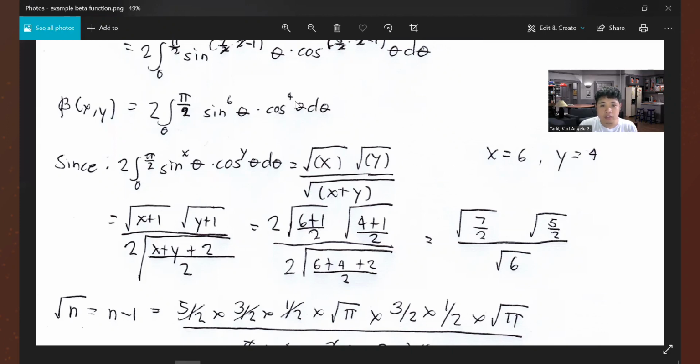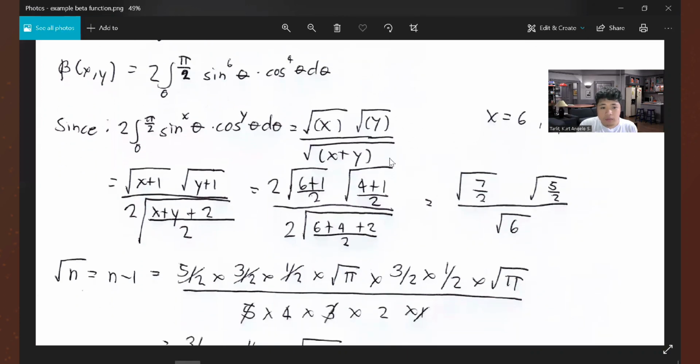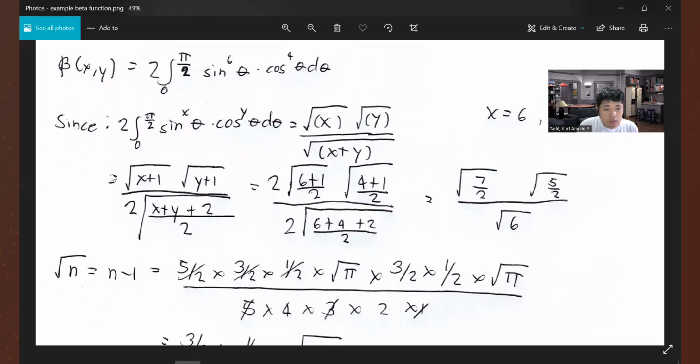We got this from this equation. This will be equal to 2 gamma of (6 plus 1) over 2, gamma of (4 plus 1) over 2, over 2 gamma of (6 plus 4 plus 2) over 2.